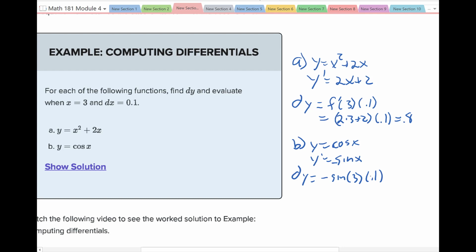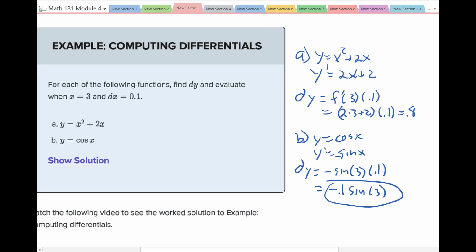I just left it like this because this is how the book left it, negative 0.1 sine of 3. That's it. Okay, move on.